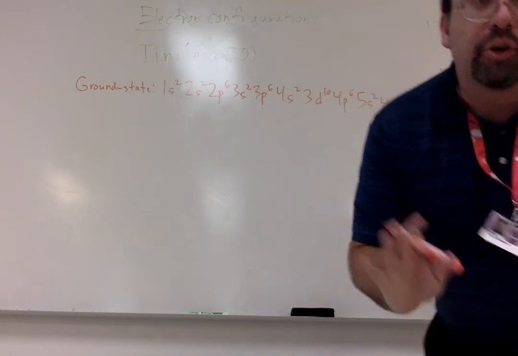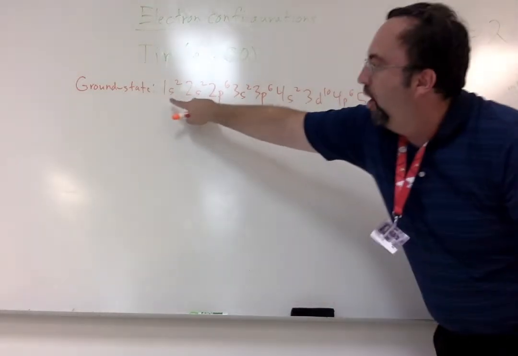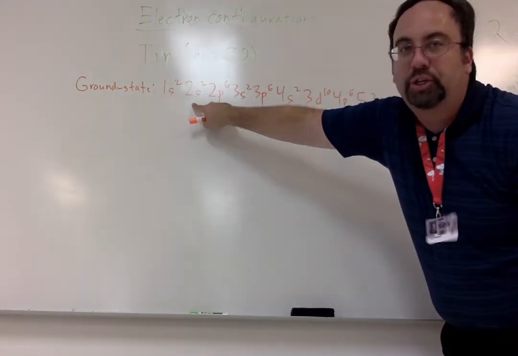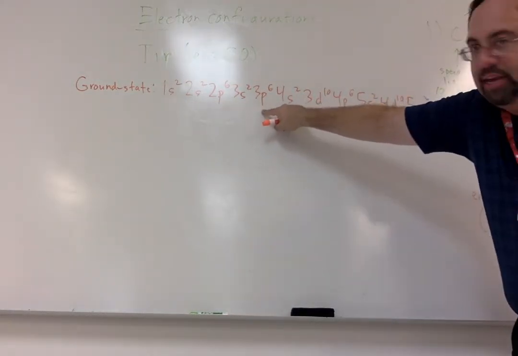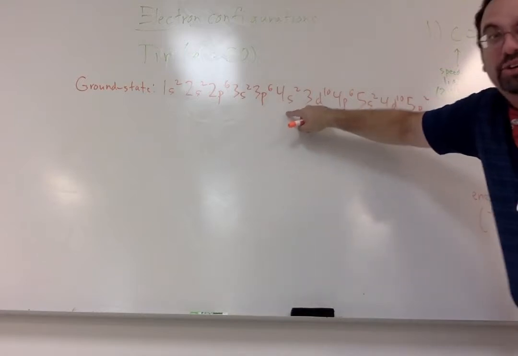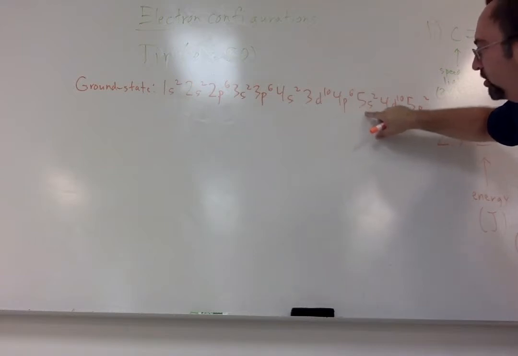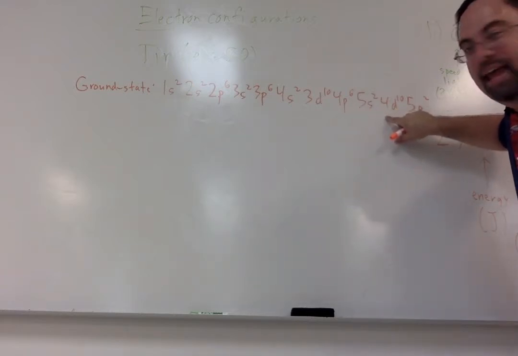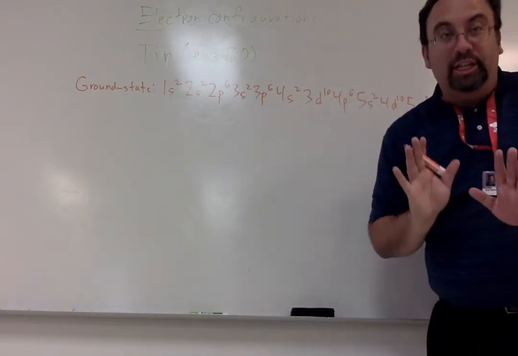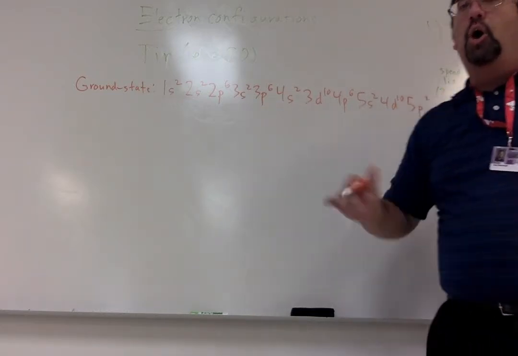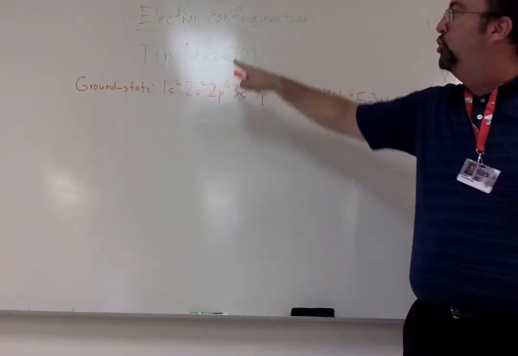All right, so notice the electron configuration for tin: 1s2, 2s2, 2p6, 3s2, 3p6, 4s2, 3d10, 4p6, 5s2, 4d10, 5p2. And so we can double check to make this make sense, because what we can do is add up all these little numbers and they should add up to 50.